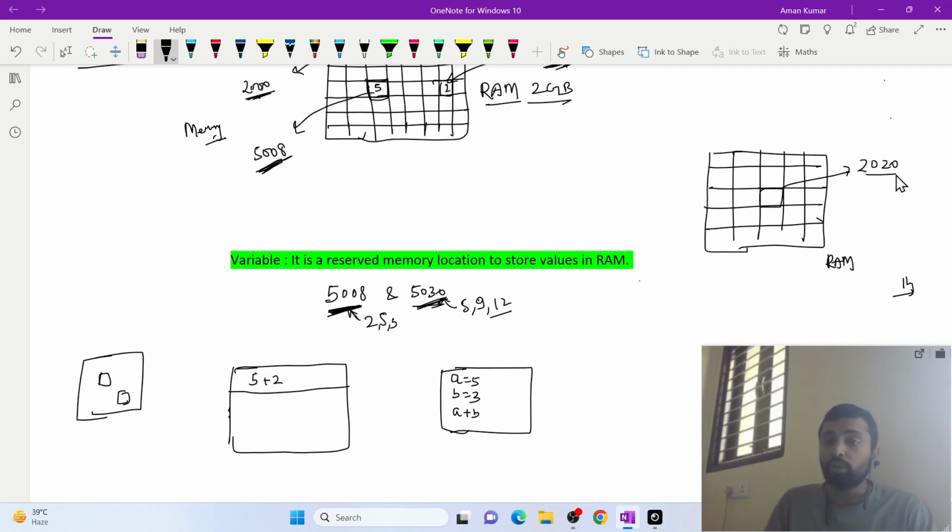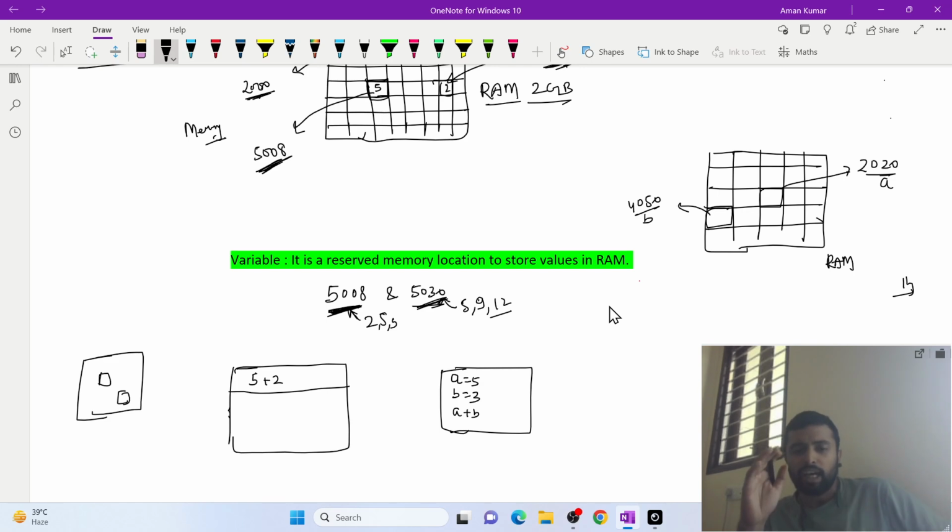Here it is giving 2020 the other name A. Now the turn is to store the value of B, 3 into B. Let's say it is going to store it here, and the memory location is 4050, and it is also named B.